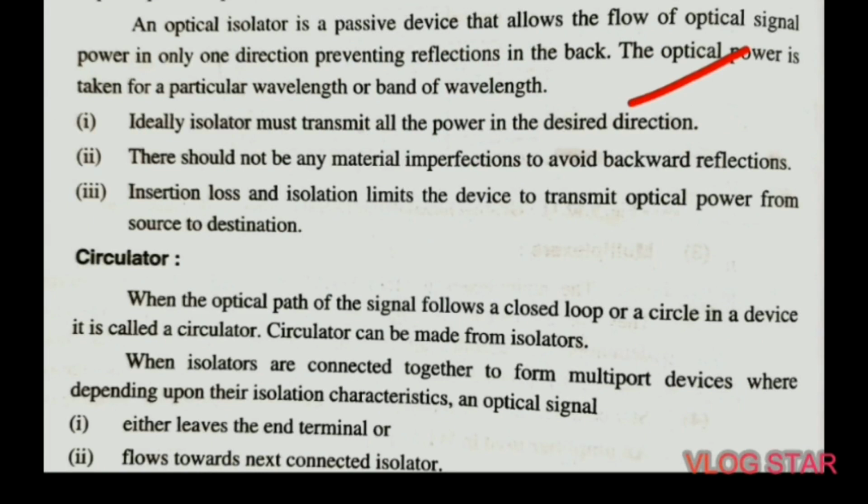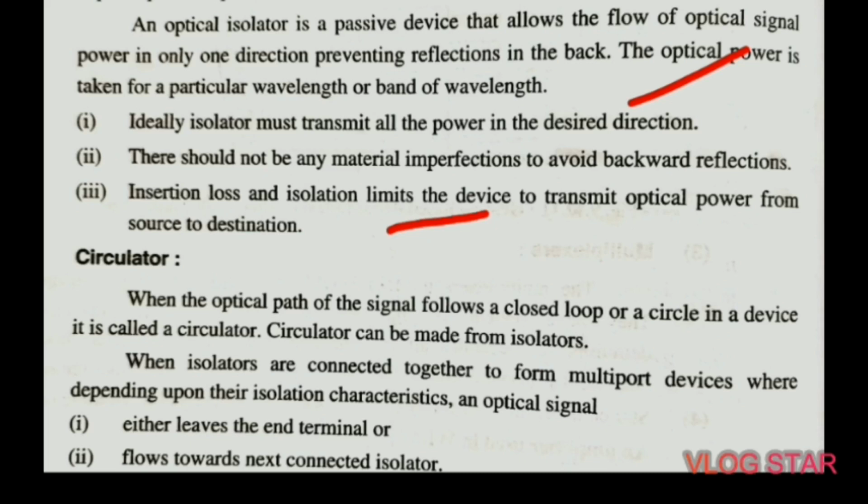Second, there should not be any material imperfections to avoid backward reflections. Third, insertion loss and isolation limit the device's ability to transmit optical power from source to destination. Okay, so the optical isolator is a device which transmits light in only one direction.